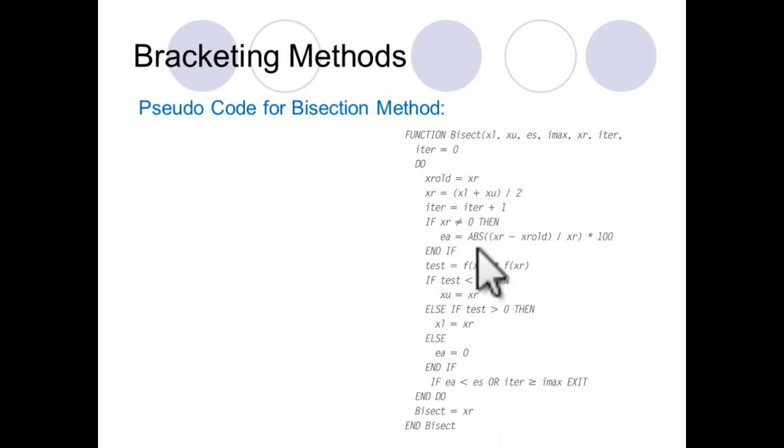We will write a code in order to find the root of a function by using the bisection method.